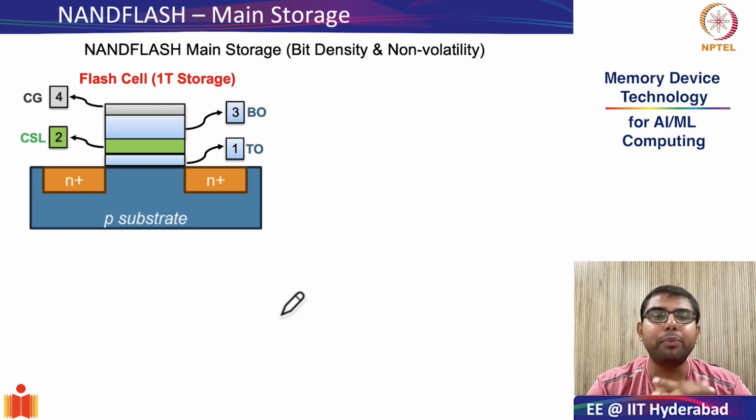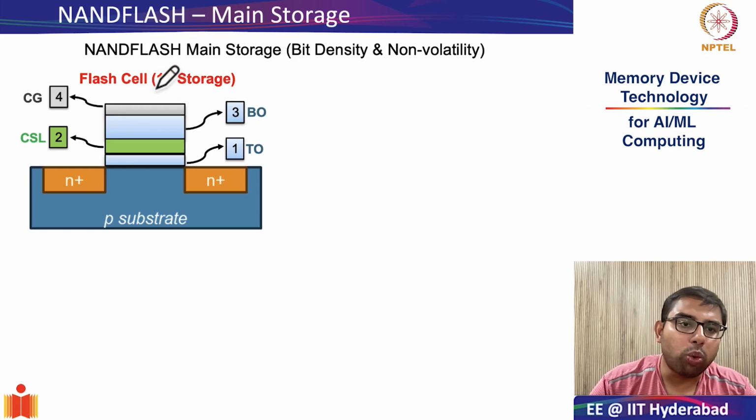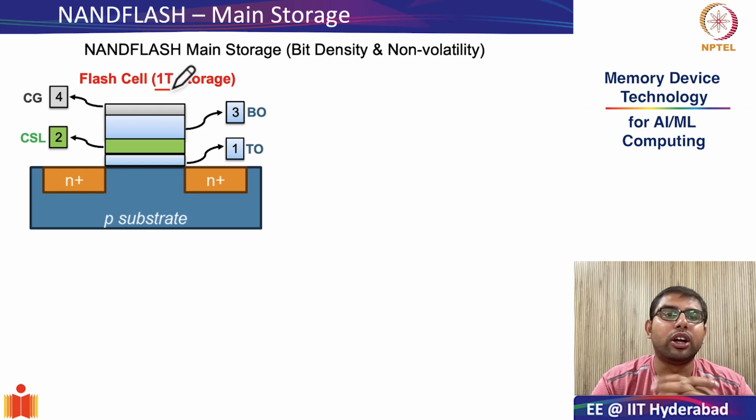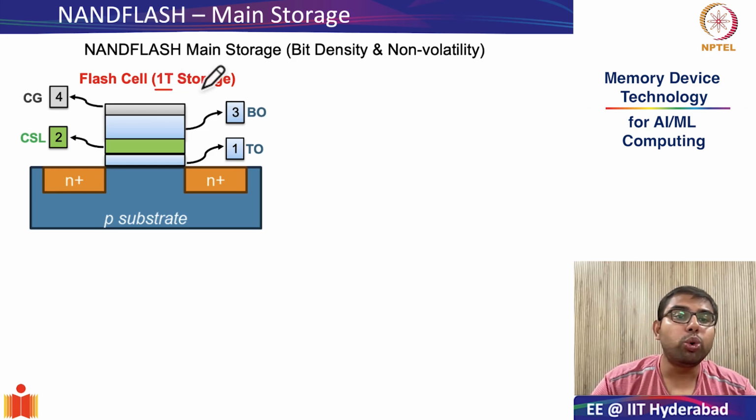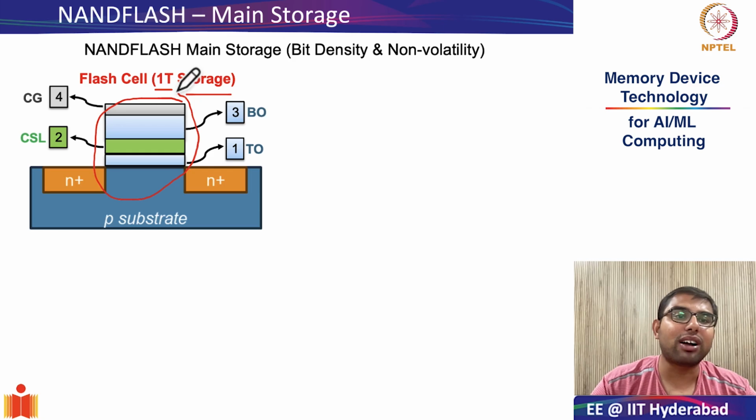To have very high bit density in the flash cell, we decided that we will somehow modify just one transistor to change it from a logic element to a memory or storage element. And this was possible by modifying the gate stack of the transistor.